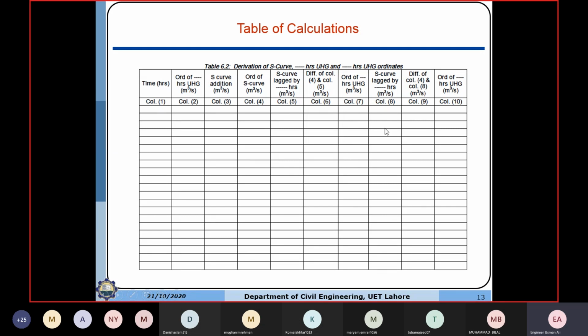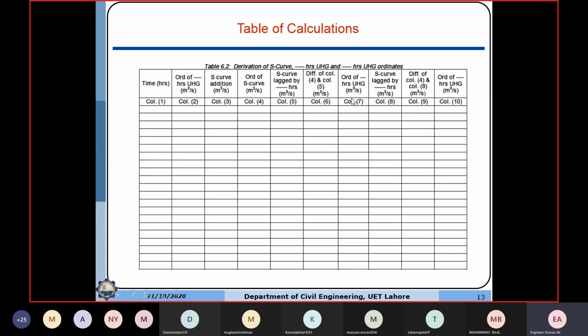Then if you want to convert the given 4-hour unit hydrograph to a 5-hour unit hydrograph, again columns 5, 6, 7 will be repeated. First of all you will find the S curve lagged by 5 hours. You will just repeat column number 4 over here, with the first ordinate of column number 4 starting at the 5th hour. So this will be the 5-hour S curve.